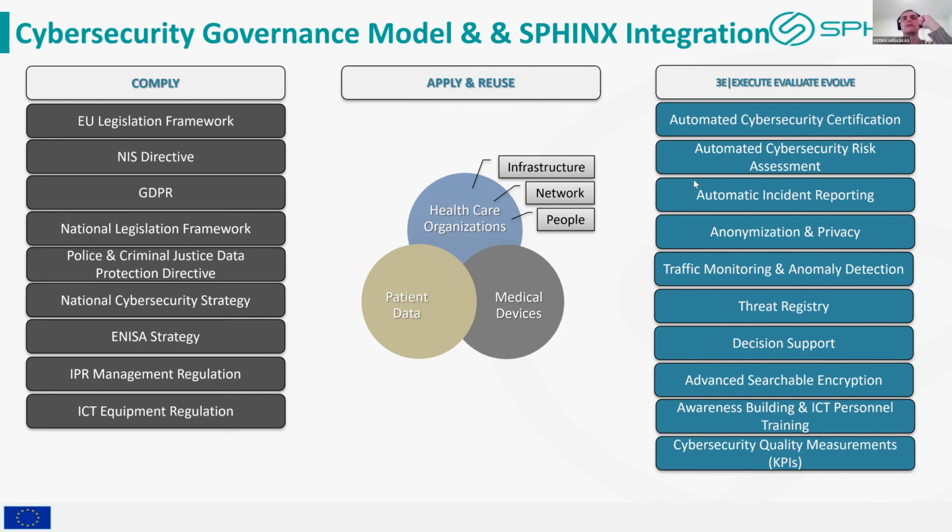On the other hand, there is a plethora of tools that we use during our working day, and we execute and evaluate several actions like incident reporting, identifying the threat register, monitoring the traffic, and trying to find anomalies.